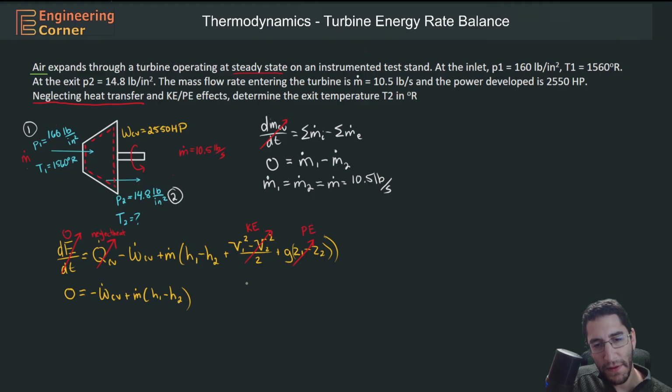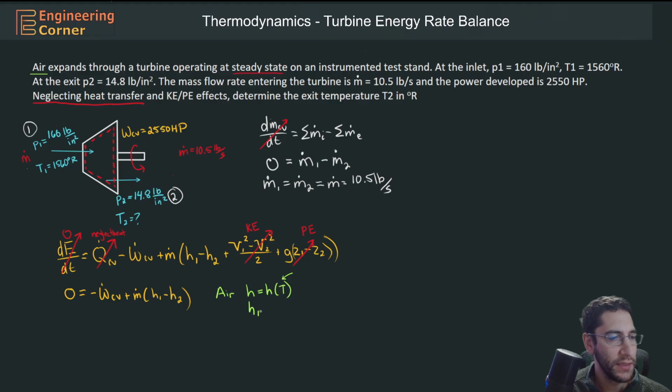Now, if we deal with air as an ideal gas, the enthalpy, H, is just going to be a function of temperature. And remember, we need to use our absolute temperature. Now, in this problem, everything's already in absolute temperature.